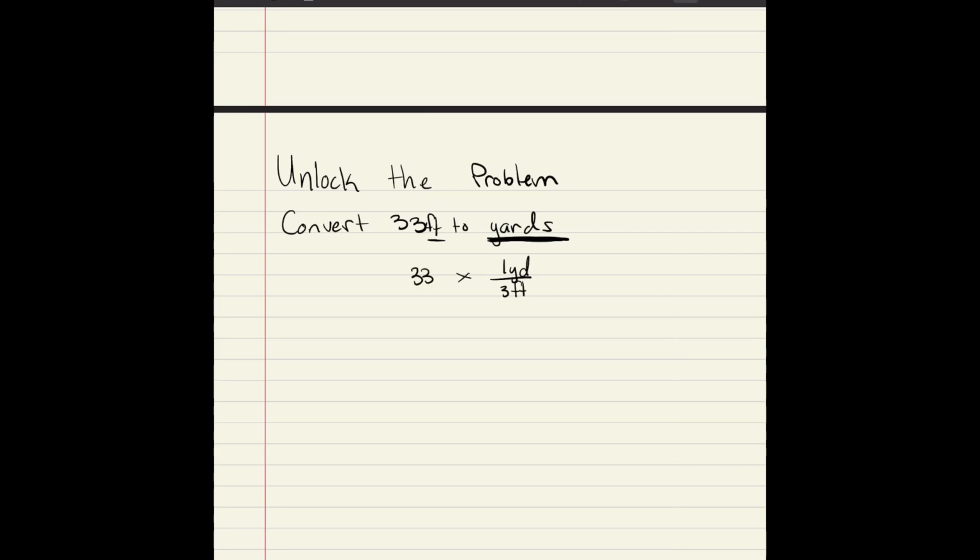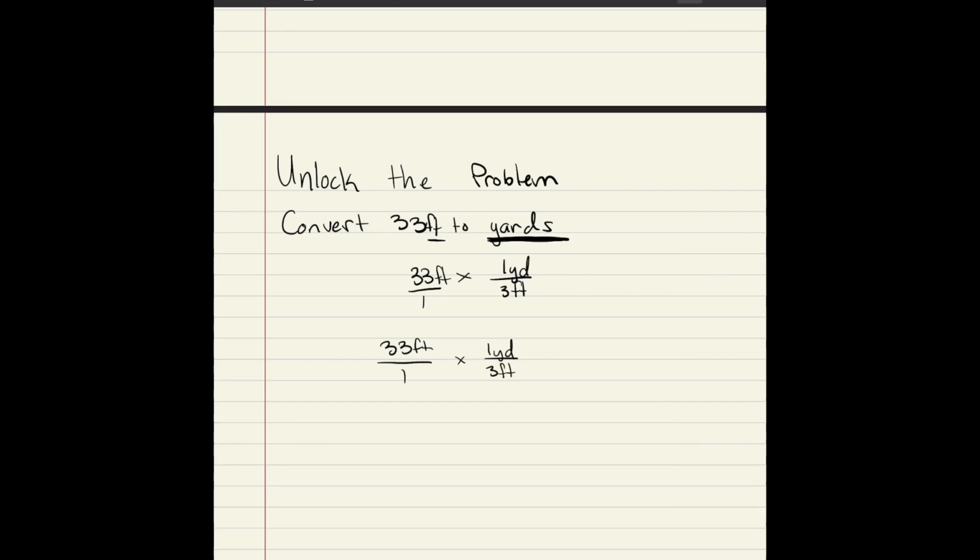And I'm going to multiply what we're looking for, which is 33 feet. And remember, when we're multiplying a whole number to fractions, we have the invisible one. So if I rewrite this, I have 33 feet over the invisible one times 1 yard over 3 feet.